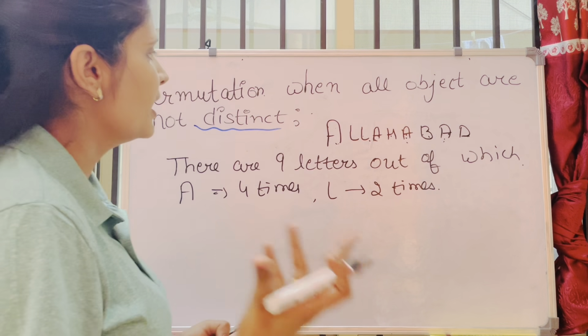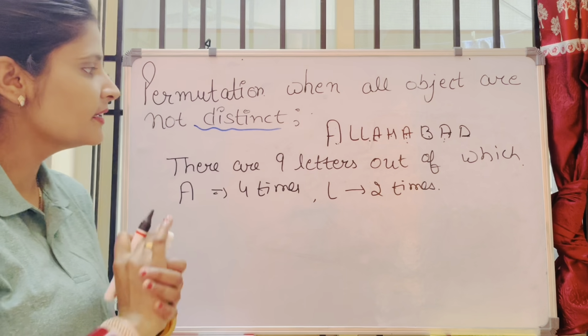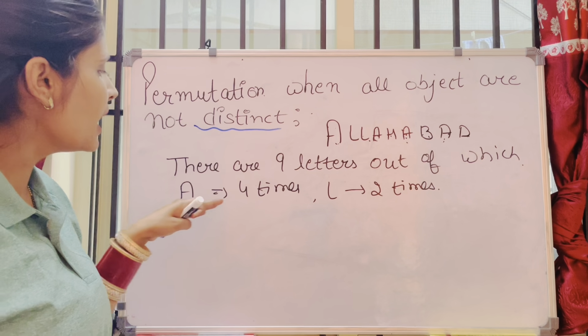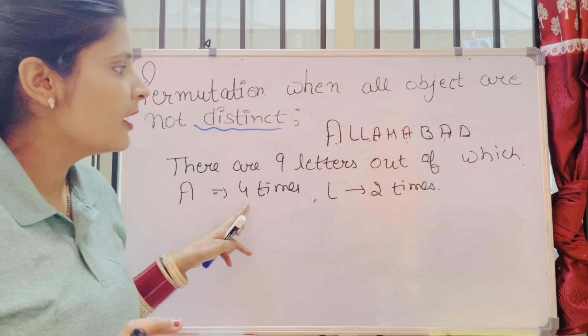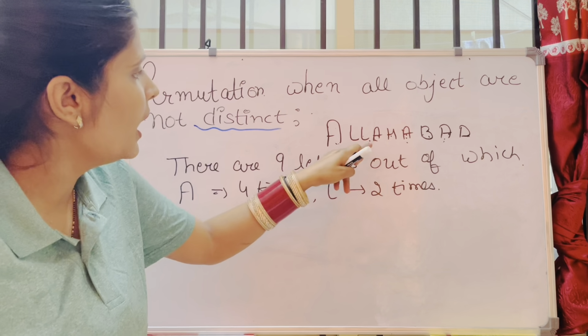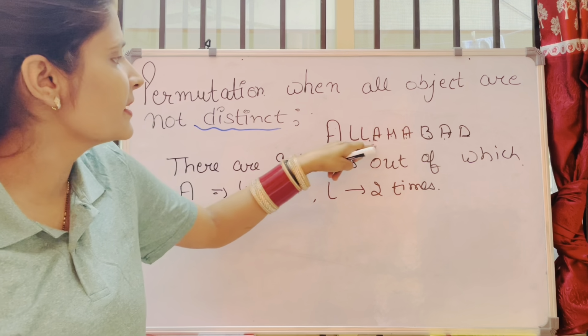And the rest of the elements are all different. So in Allahabad, there are 9 letters, out of which A appears 4 times, and L appears 2 times, and the rest of the letters are different.